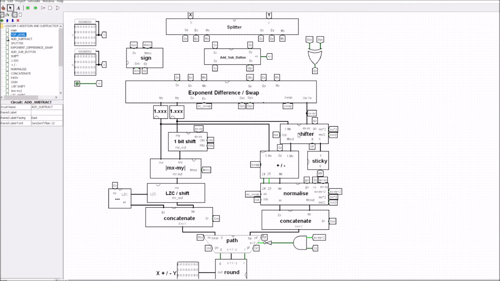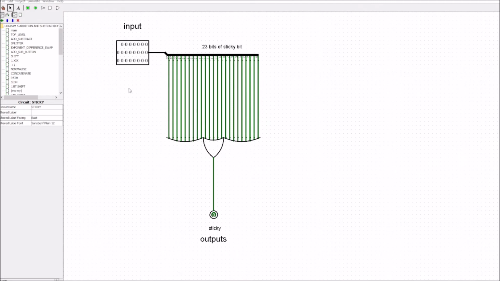So you can see here the output from the shifter goes into the sticky bit, but we'll show you what that output is in a minute. You can see that we have the 23 sticky bit inputs. We're going to OR them all together and take a single output. Now we said that if all of these values are 0, then we know that we are exactly at the halfway point, for example 5.5.